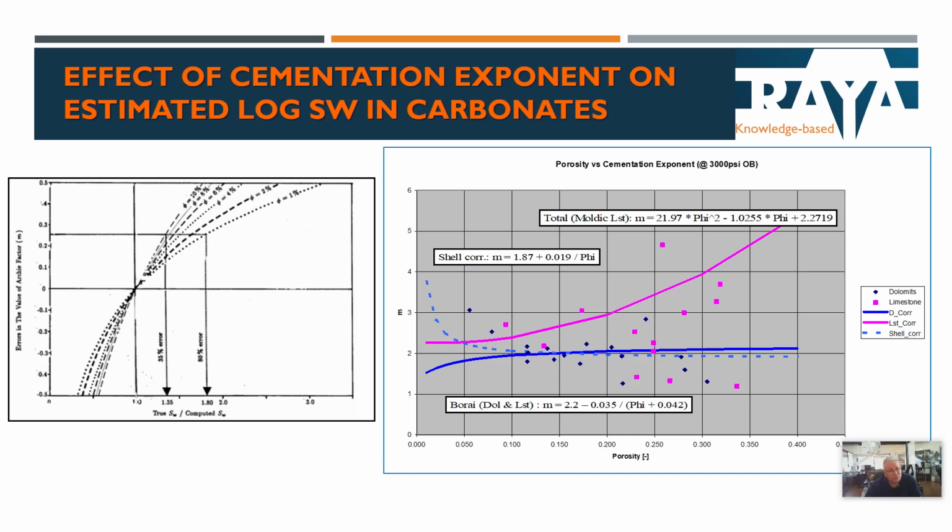For limestone, we have a lot of points which show the vuggy pore system, and most of the dolomite points are located at a value equal to 2, where the pore system is a matrix system.